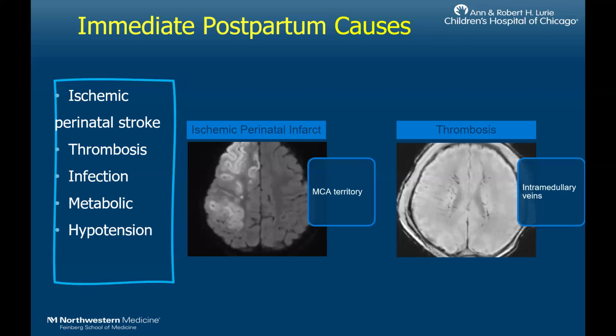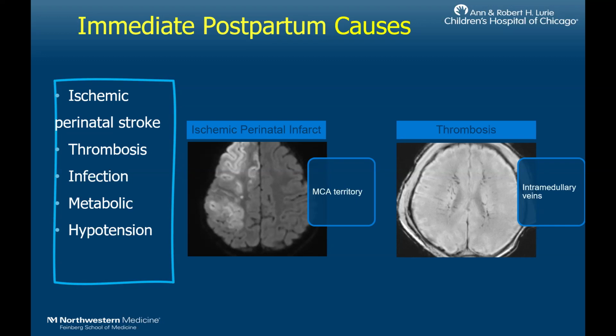Arterial ischemic stroke, though, is less likely to have an abnormal fetal heart tracing, and there may not be that central event that I mentioned in prior slides. So we want to think of things like poor fetal heart tracing, poor labor progression, things of that nature.